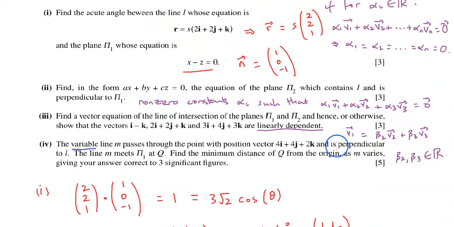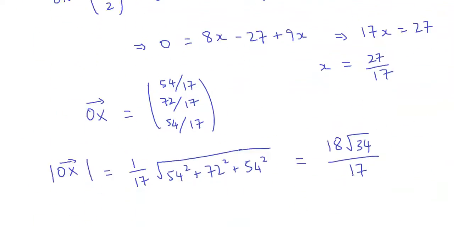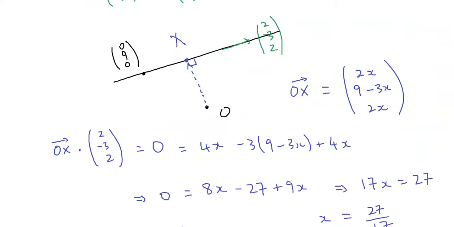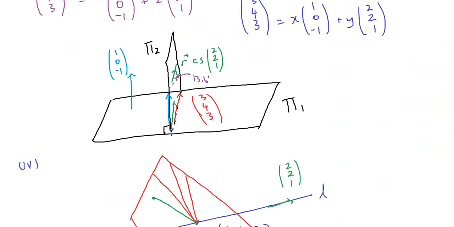And we were supposed to give the answer to 3 significant figures. So that is equal to 6.17 to 3 significant figures. And so we're done with this question. Long question, actually.